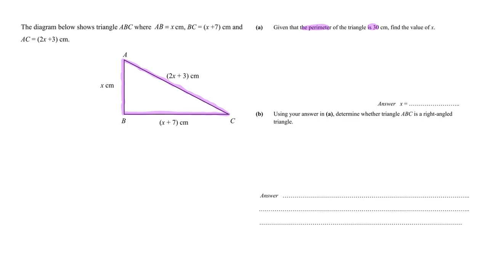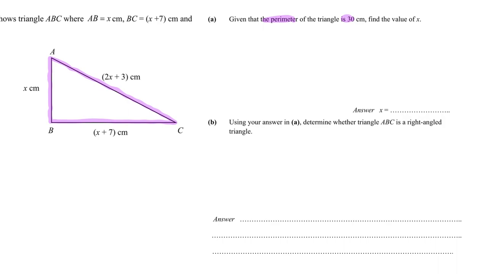Then what is the value of x? So I'm going to zoom in. So we will have x plus 2x plus 3 plus x plus 7 equals 30. So let's continue to solve this equation now.